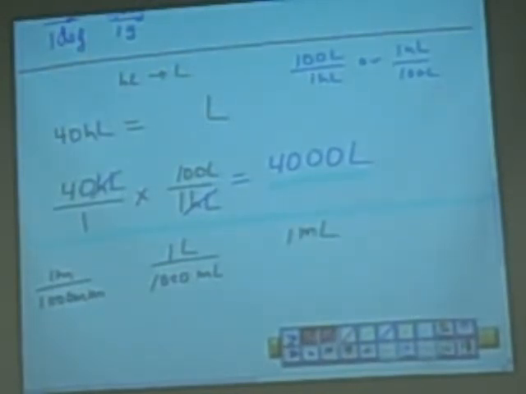We also know that 1 milliliter is equivalent to 1 cc.